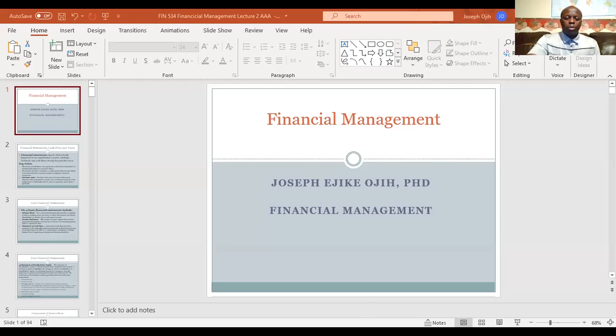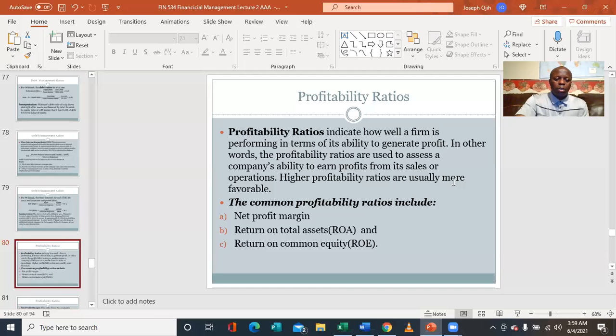Like I said, we'll cover a lot of ground on the profitability ratios. We call them profitability ratios because we use them to figure out whether a firm is performing well with respect to generating profit.